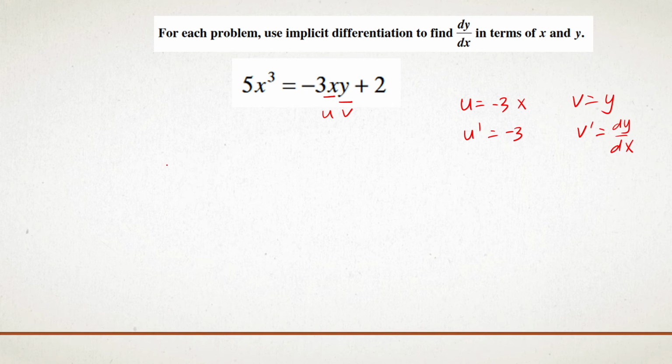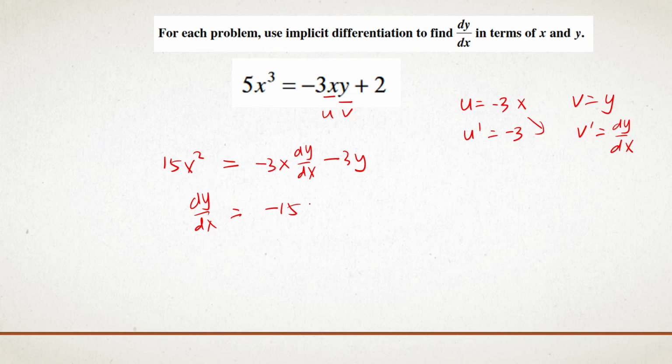So now the left hand side is 15x squared equals, okay, uv prime, so negative 3x dy/dx minus 3y, and then the 2 will become a constant and disappear. Don't forget to rearrange back. dy/dx equals negative 15x squared minus 3y.